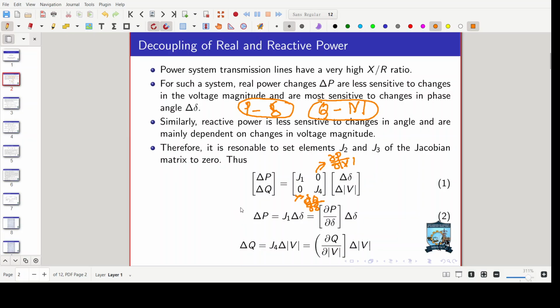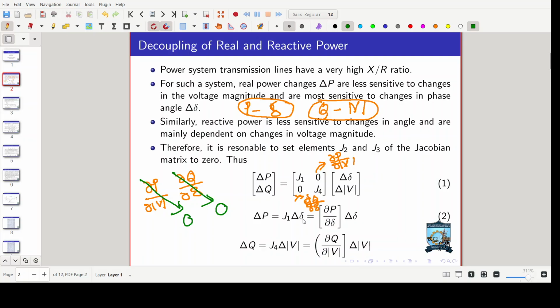These two can be cancelled, or, writing more clearly, dou P by dou V and dou Q by dou delta must vanish when we are obtaining the load flow solutions. If we put these to 0, the accuracy we obtain from the load flow solution is admissible.